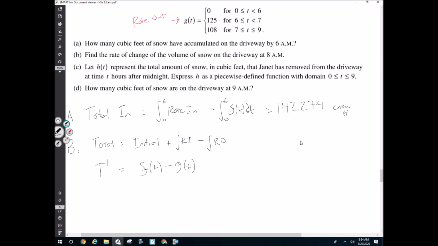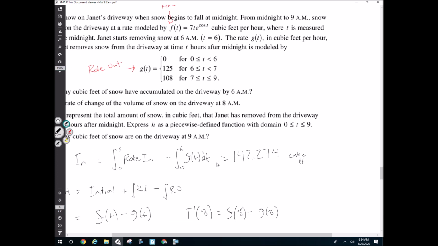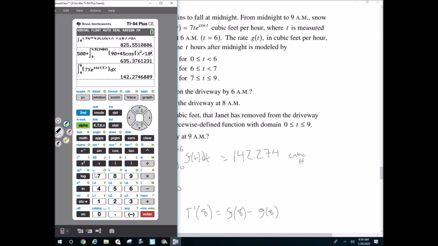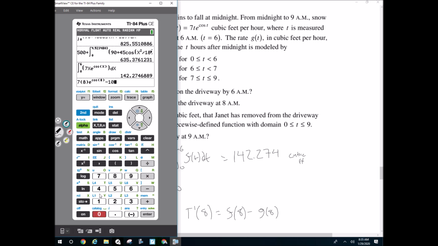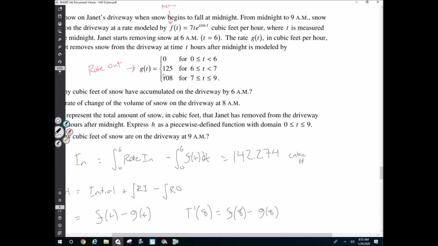At 8, we'd have f of 8 minus g of 8. F of 8 I can find using my calculator, 7 times 8 e to the cosine 8, minus g of 8, I will be using 108. Janet obviously slows down in her removal of snow.